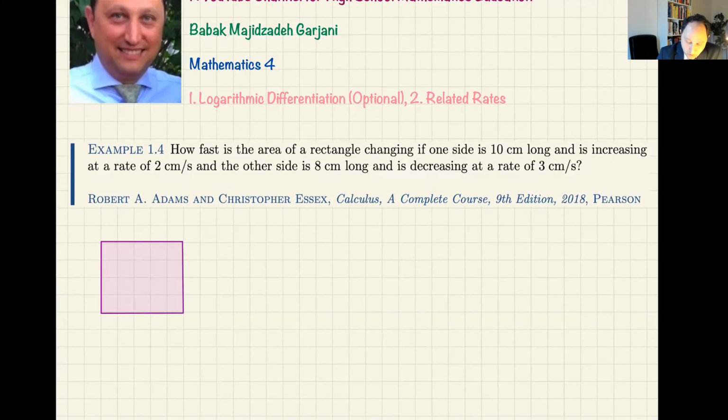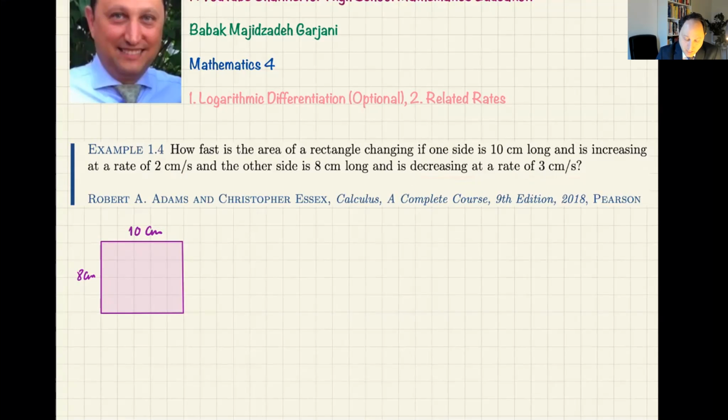So assume that you have this side 8 centimeters, and then you have this side 10 centimeters. But this is not a fixed rectangle. This side is increasing at a rate of 2 centimeters per second, and this side is simultaneously decreasing at a rate of 3 centimeters per second.